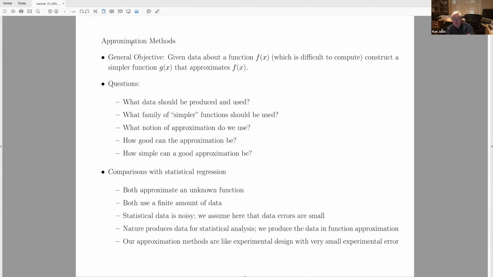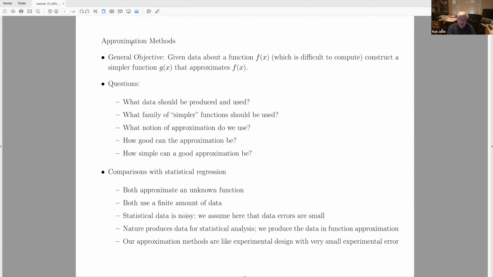So what you want to do is to replace it with a simpler function, a cheaper to compute function that approximates f of x. Now, the questions that you have to address is first, what data should be used?